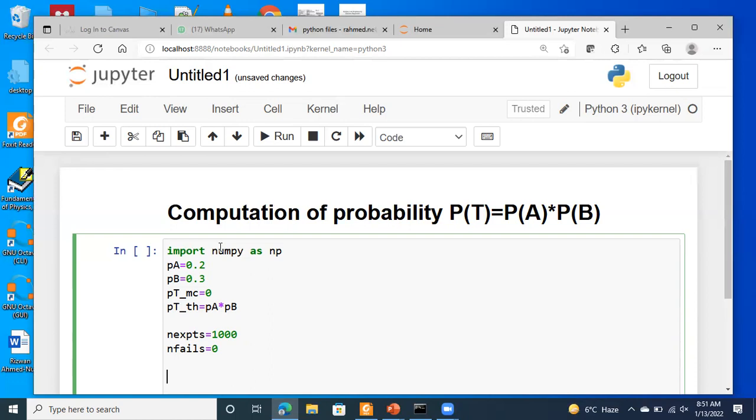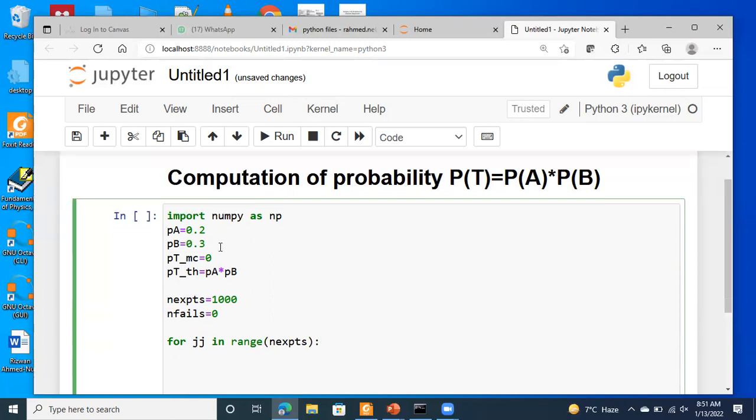So I write here for j in range n experiments, right? For several experiments, generate two random numbers. Let's define say x1 equal to 0 and x2 equal to 0.